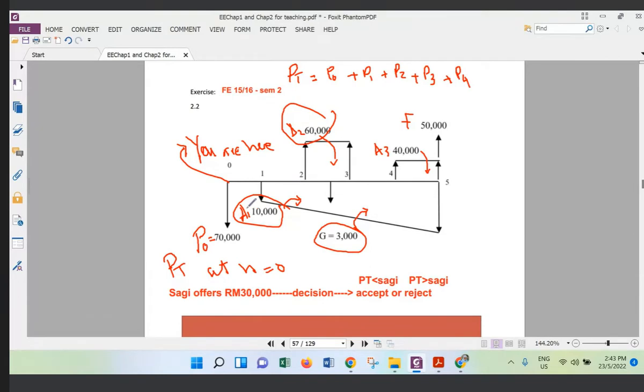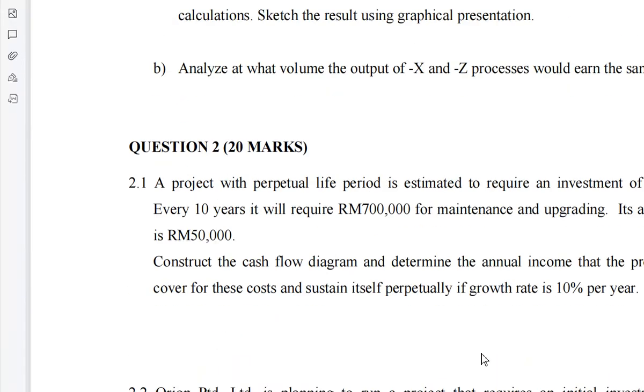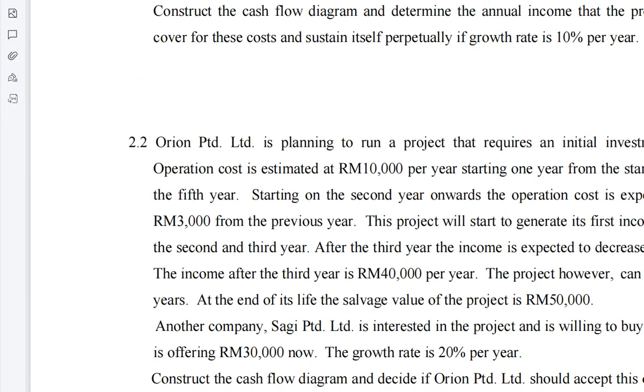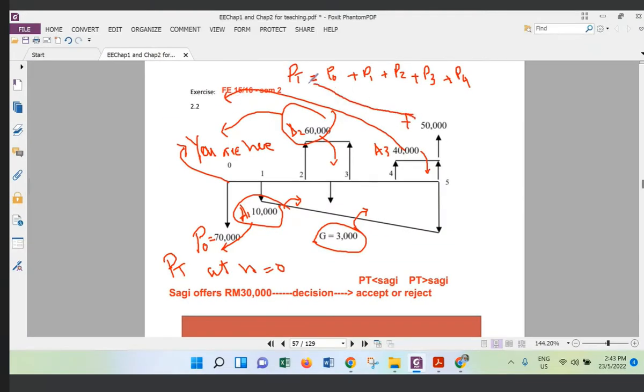This A1 you need to convert to P1, this A2 you need to convert to P2, this A3 you need to convert to P3, and this F you need to convert to P4. So your P note equals how much? P note equals 70,000. Your P at year 0 equals minus 70,000.